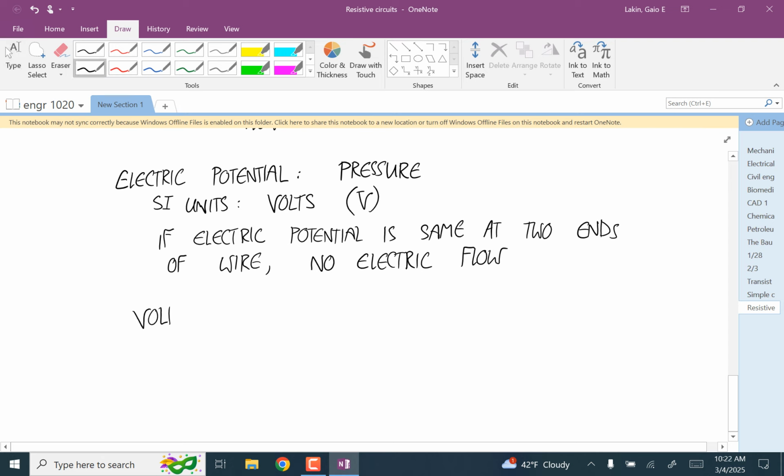We don't really have a word for pressure difference. It's just the difference between two pressures. But voltage is the difference between the electric potentials at the two ends.